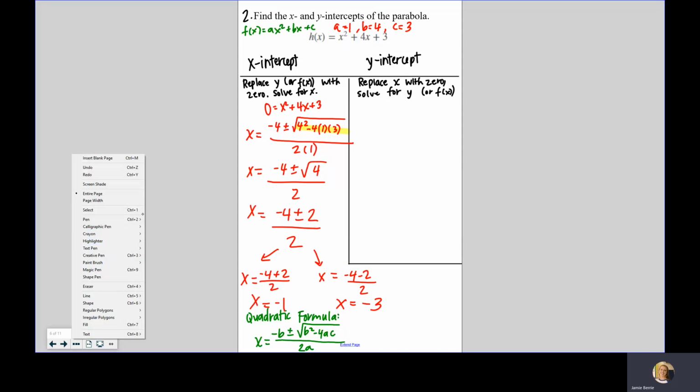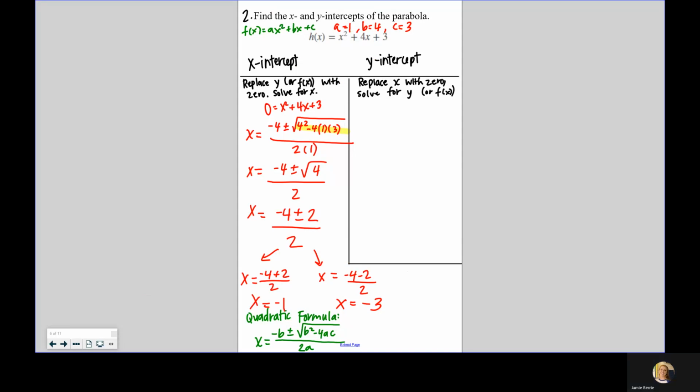All right, so to find the y-intercept, let's use a different color. We'll use blue. The y-intercept says replace x with 0 and solve for y, or f of x. In our case, it's h of x. So we're replacing all of the x's with 0.